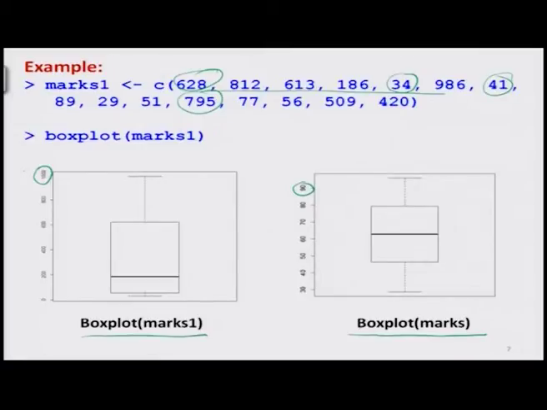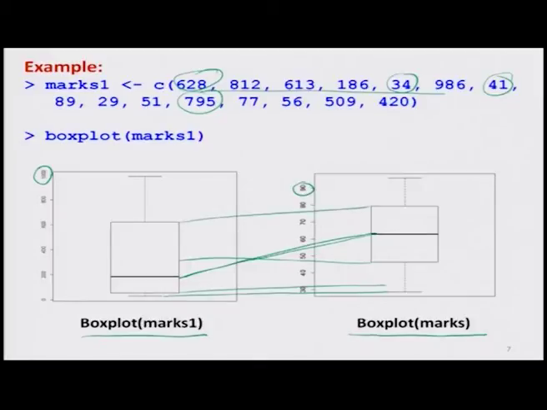The minimum values remain nearly the same, but the first quartile is here, the second quartile is something like this, the third quartile is something like this, and the length of the whiskers is also deviating.